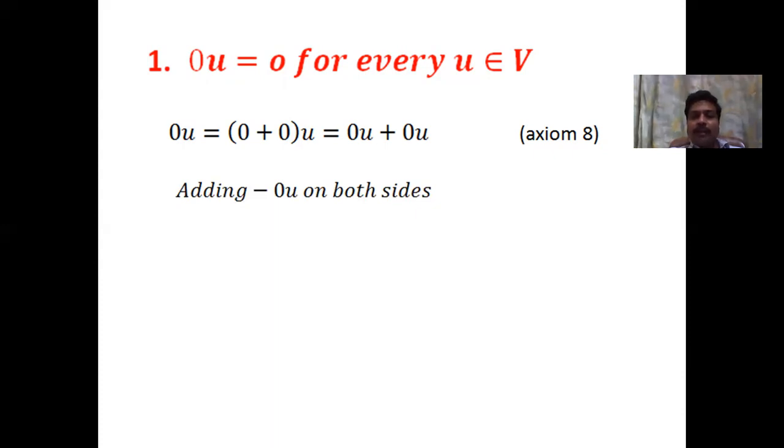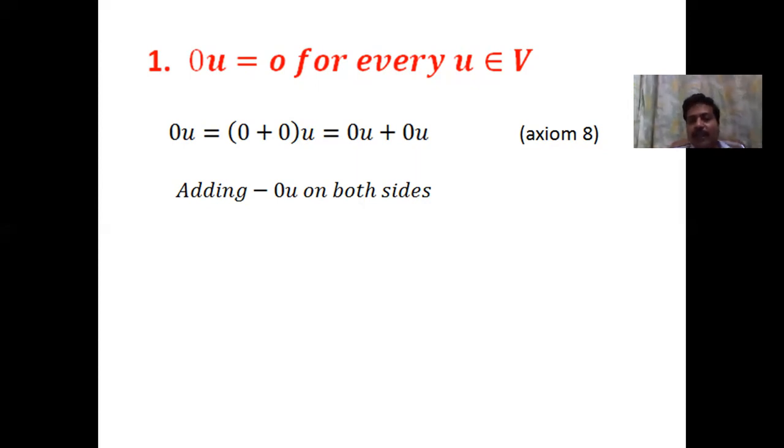We have already seen that scalar multiplication cu is closed. So if c is a scalar, cu belongs to V. Here c is 0. 0 is a scalar, so 0u belongs to V. No doubt about it. 0u belongs to V means it is a vector. So if it is a vector, you can find a negative for it. It is also one of the axioms.